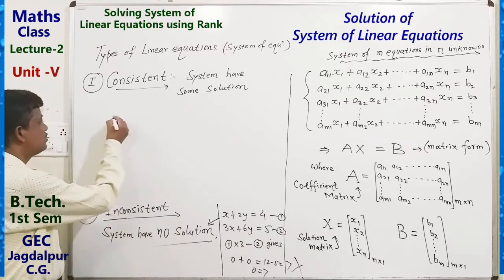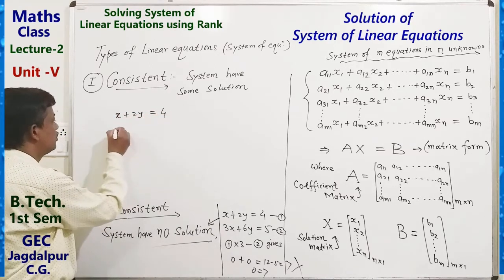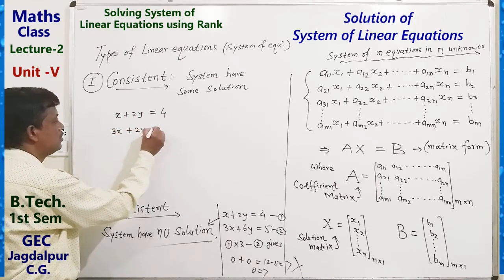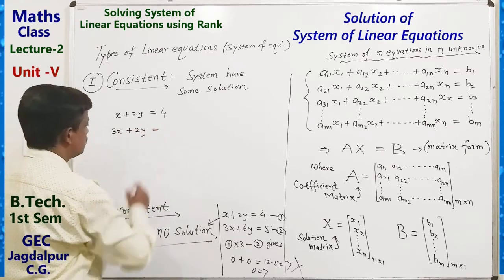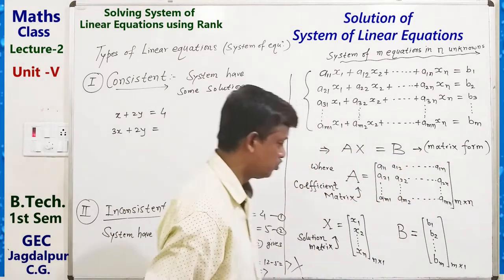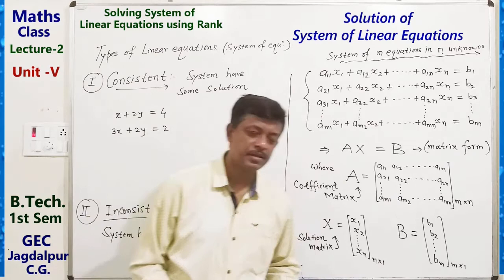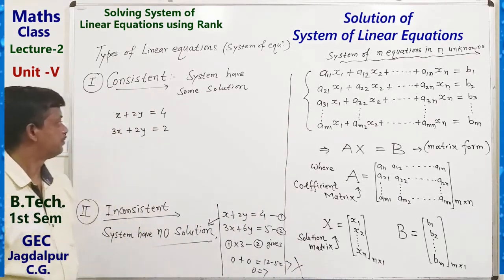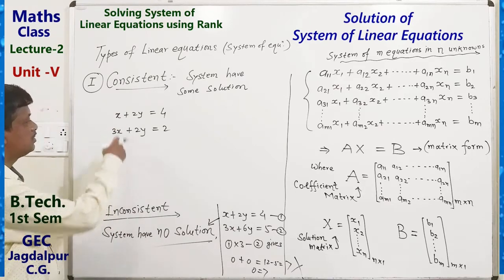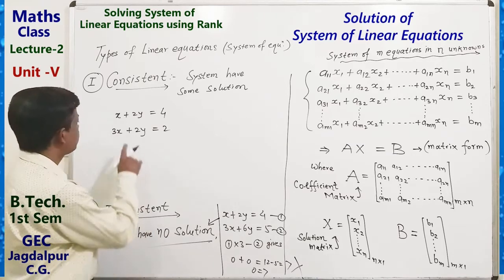So here consider x plus 2y equals to 4 and 3x plus 2y equals to 2. By solving this we can get a solution.